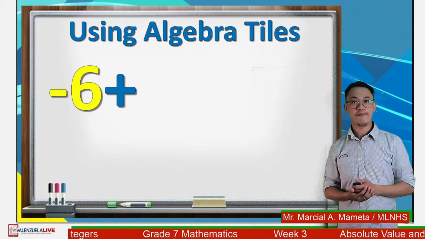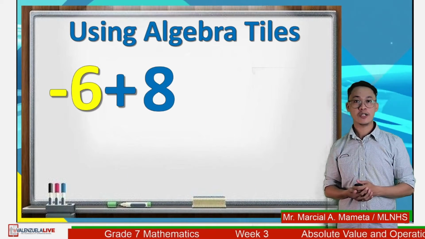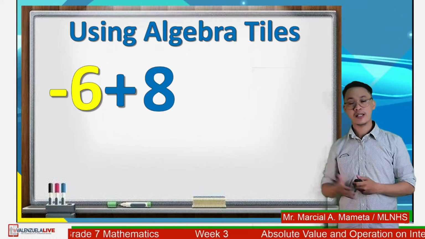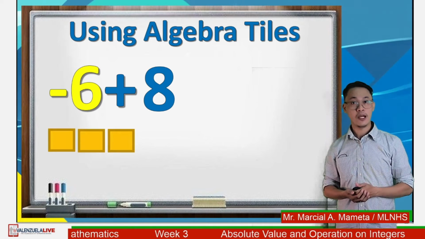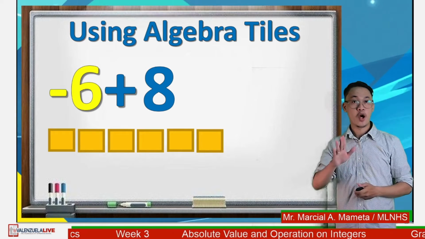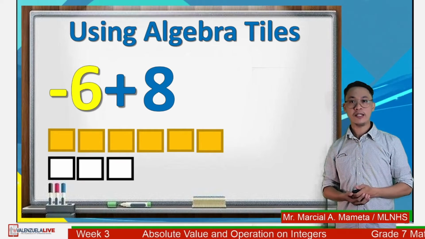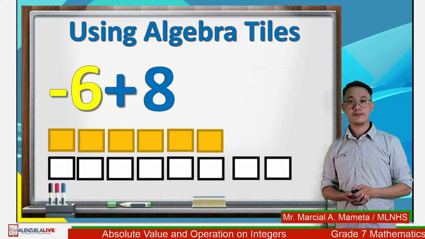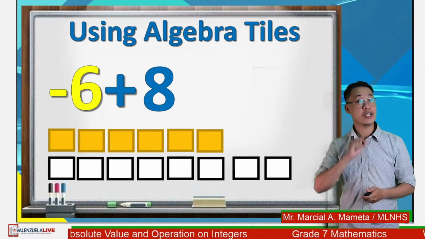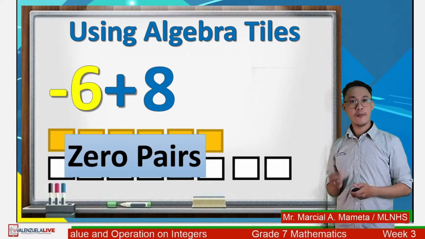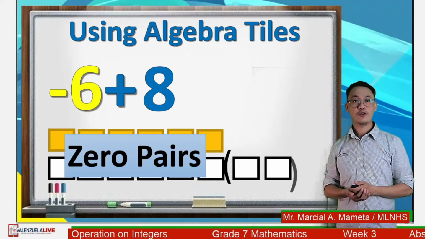How about this one? Negative 6 plus 8. So negative 6, we have 6 yellow tiles plus 8 white tiles. Again, we have our 0 pairs. How many remains? 2 white tiles.